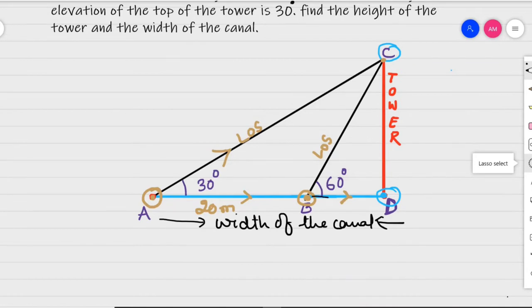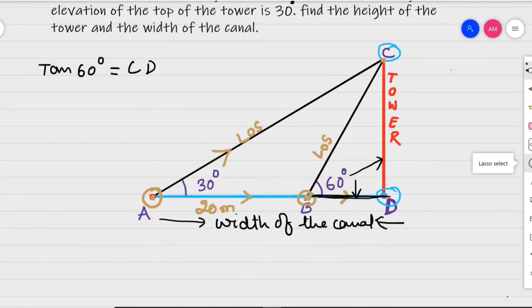So you have to take the ratio in such a way that BD comes in your ratio. You need to find out BD, you need to find out CD. So let us take tan 60, because this is the opposite side for tan 60 and this is the adjacent side. So tan 60 degree will be equal to how much?